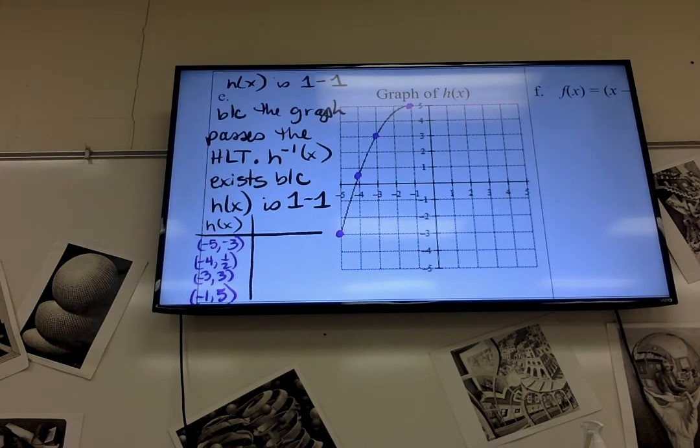So H inverse of x, that's what that little -1 is, would be -3, -5. I just put x where y is and y where x is. 1/2, -4, 3, -3, and 5, -1. I don't change the signs or anything, I just flip-flop them around.